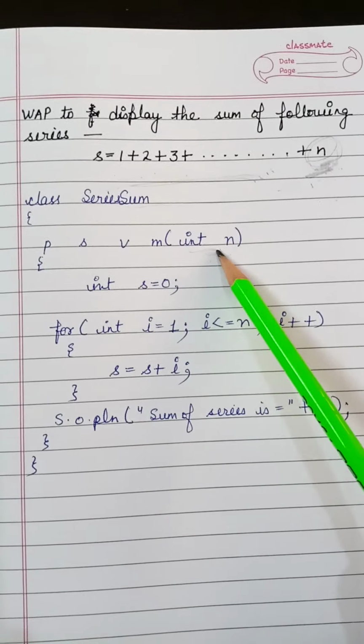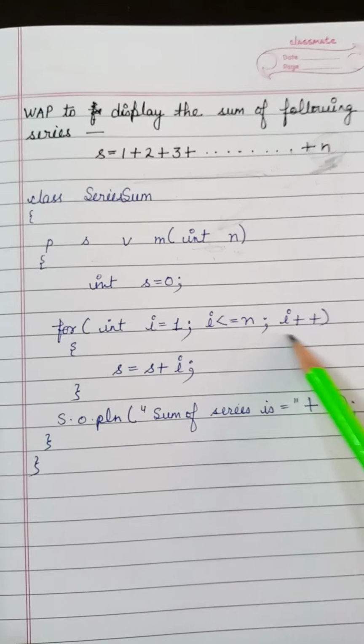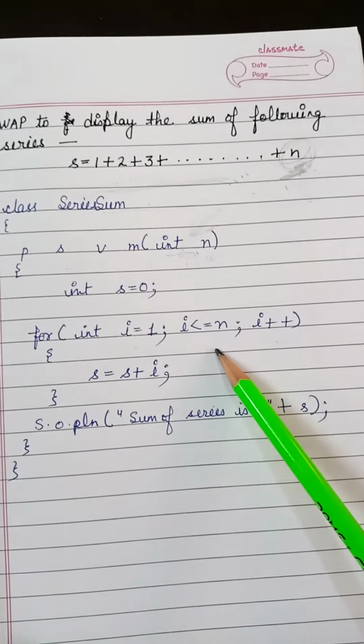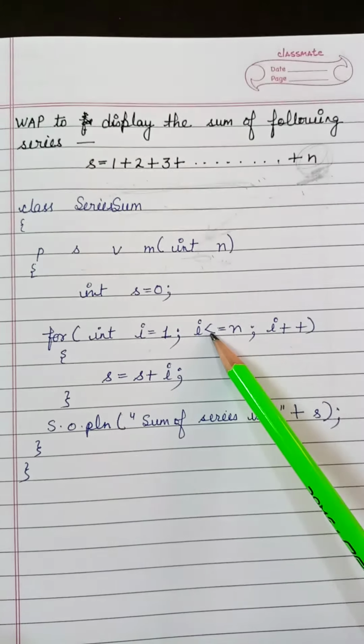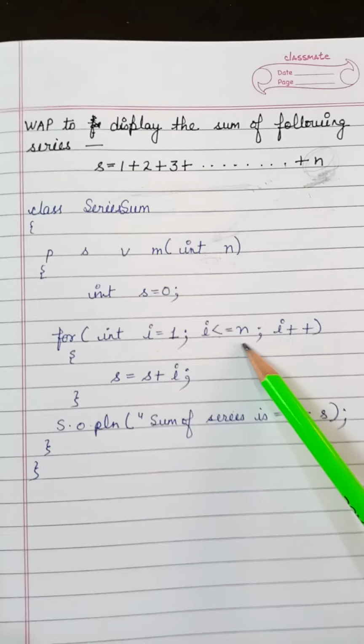At runtime, the class function will ask for the value of n. So we will write a loop from 1 to n here. The end value is n. Whatever the value of n, it will execute up to that.